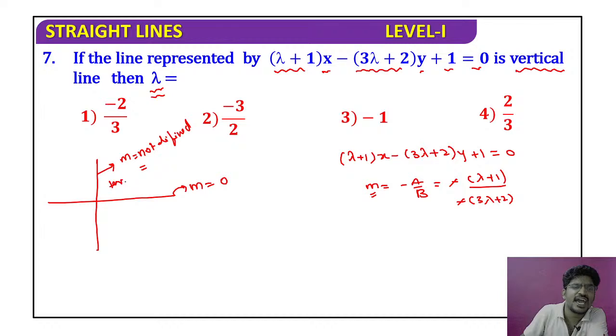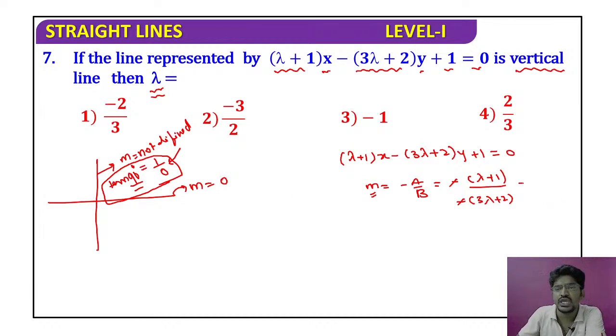That is tan 90 degree. What is tan 90 degree? 1 by 0. Tan 90 is equal to 1 by 0. We all know that tan 90 is not defined, but how is it not defined? That is 1 by 0. So I have to use that here.